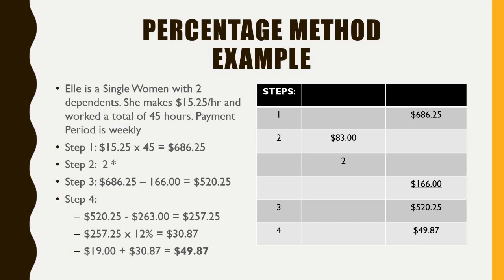So this is having to do with a lot of work with just looking up the amounts in the table. However, you're given pretty much everything by just looking at the W-4 form that this person has given you. Now, let me remind you, this is looking at the W-4 form for 2019, right?